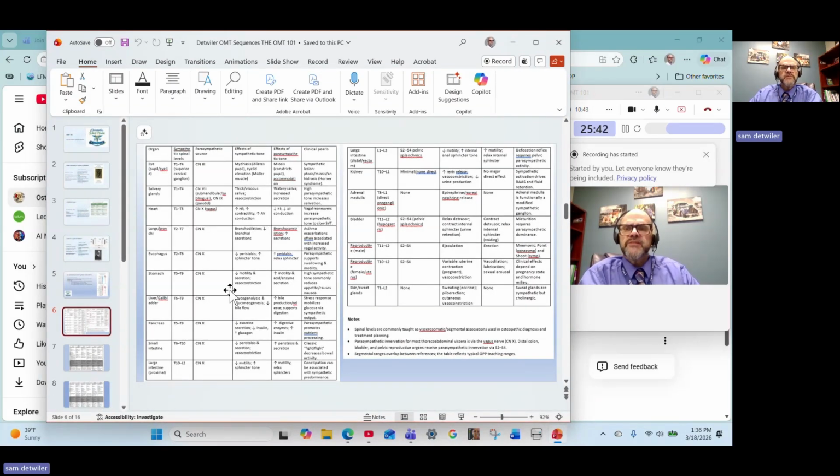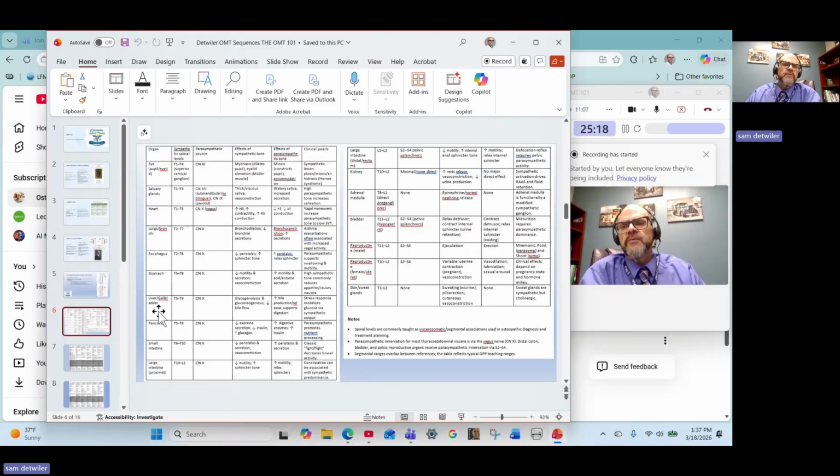So pretty much this is something you want to sit on and have some time with, okay? And actually study this because it'll tell you by organ system the sympathetic spinal levels that we would target with osteopathic manipulative therapy, because these are the spinal levels that the sympathetic innervation comes from to that organ, and the parasympathetic source as well.